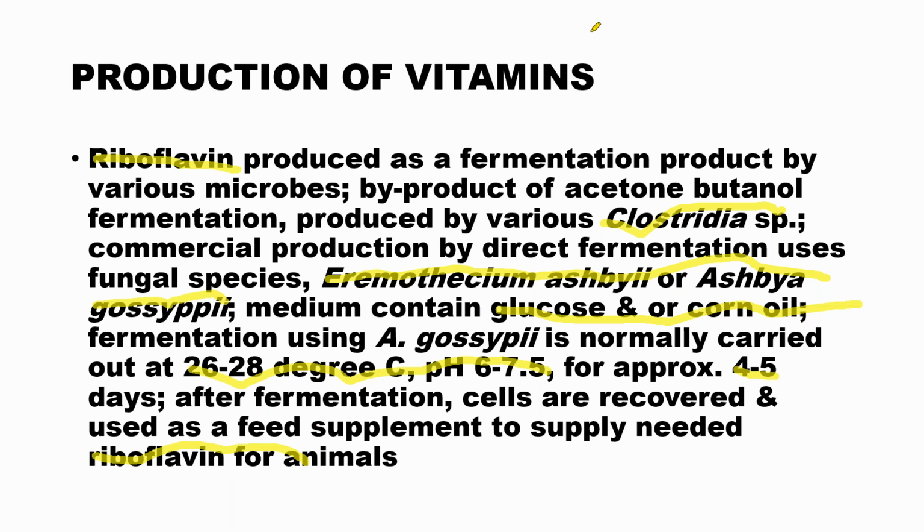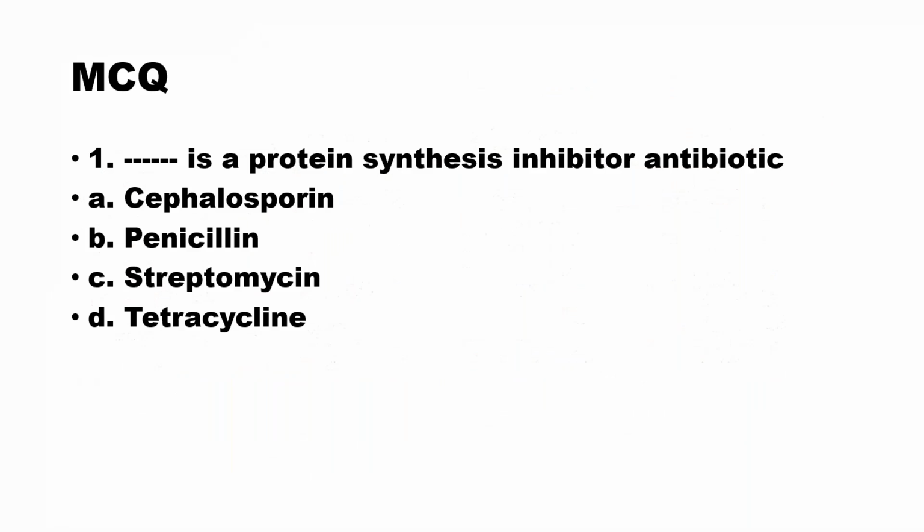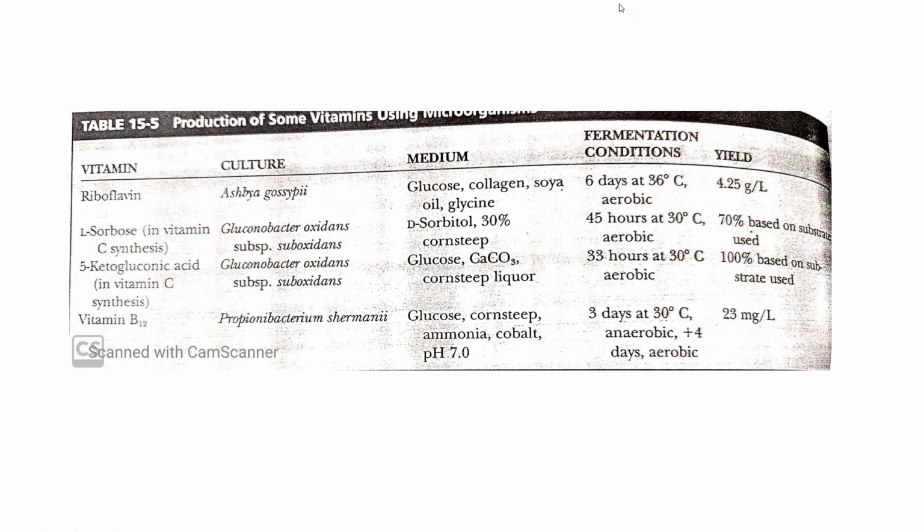So this is about the production of vitamins, vitamin B12 and riboflavin, and the various conditions, as byproduct or by direct fermentation. All these are possible. Clear? Here also you have a chart for your reference: the name of the vitamin, culture, media composition, fermentation condition, and yield. You have riboflavin, L-sorbose, 5-ketogluconic acid, and vitamin B12.